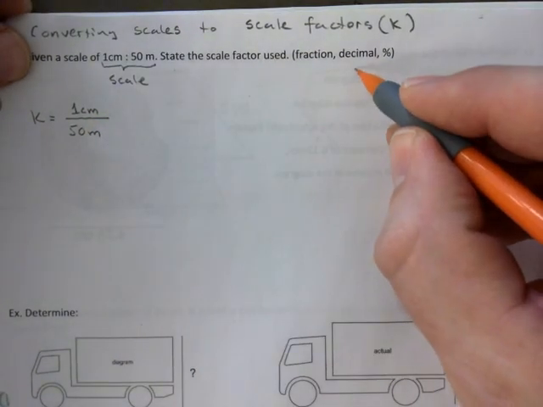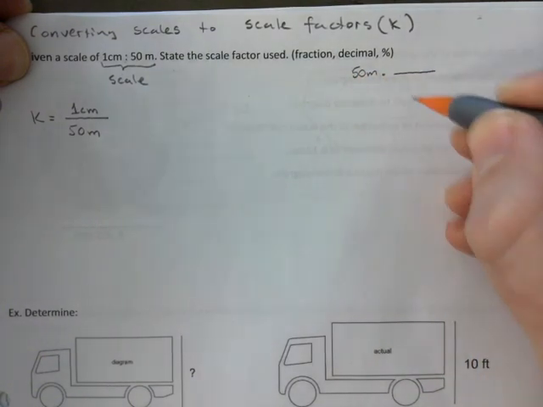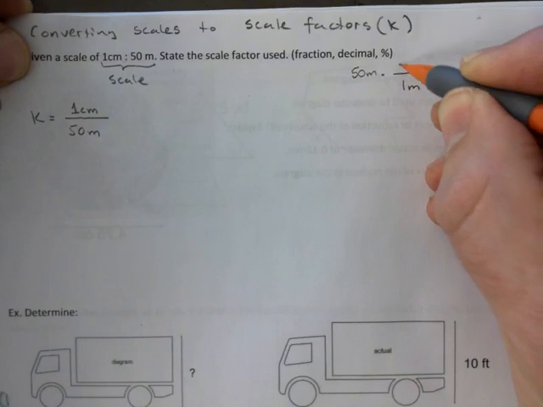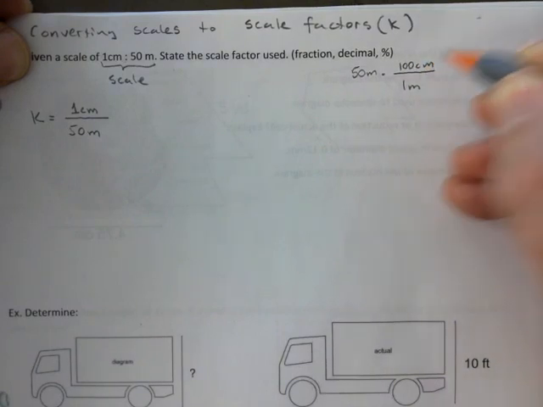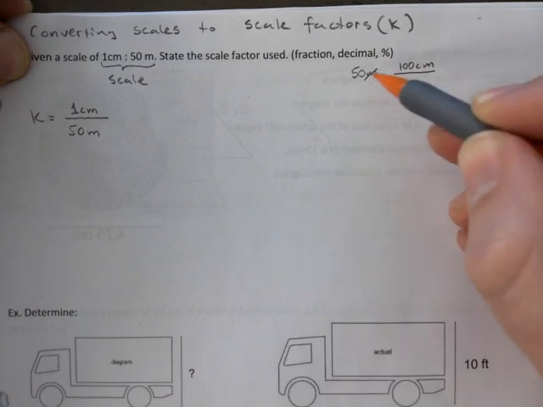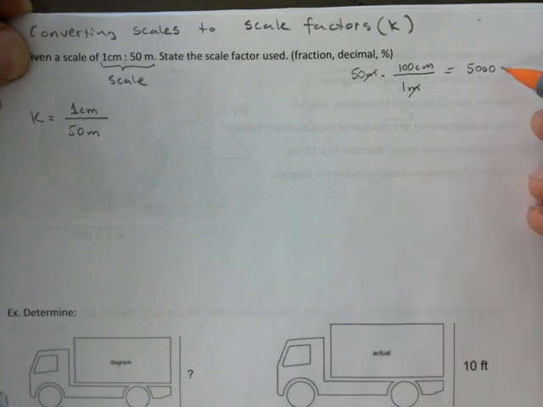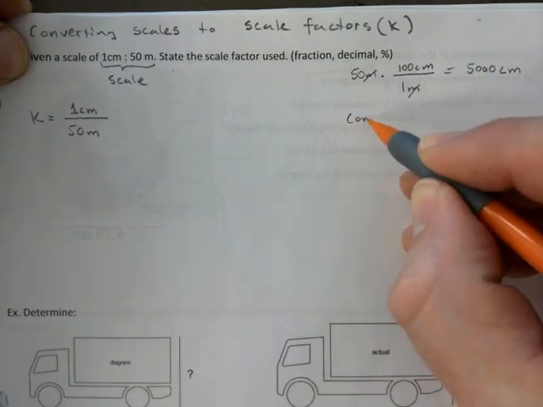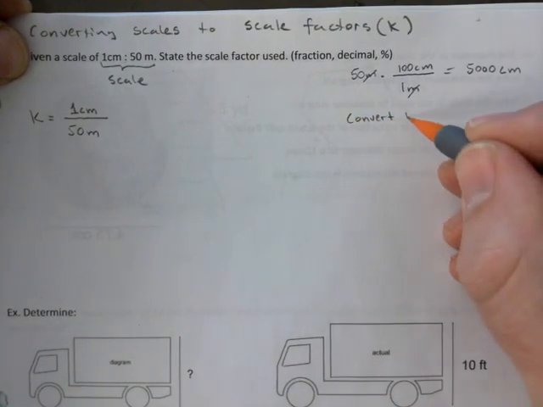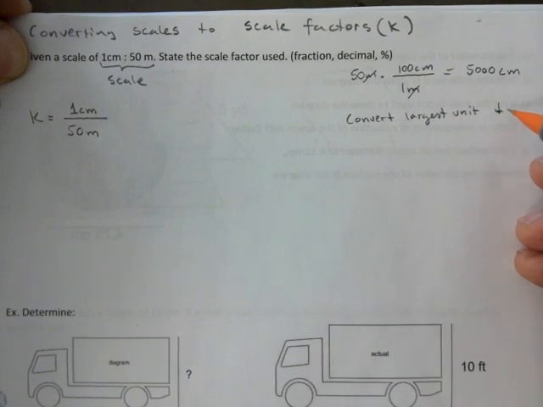So on the side here is 50 meters times, right? I know that 1 meter has 100 centimeters, right? So I just cancel out this. So 50 times 100 is 5,000. So 5,000 centimeters. Okay. I will make a note, convert largest unit to smallest.